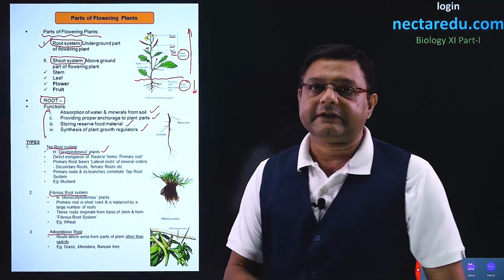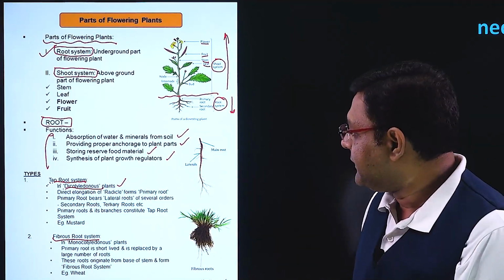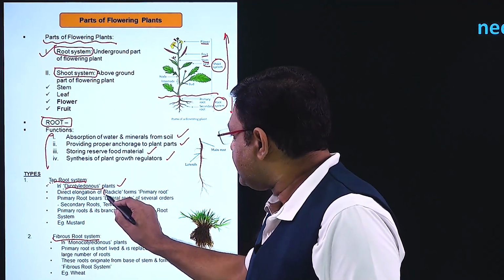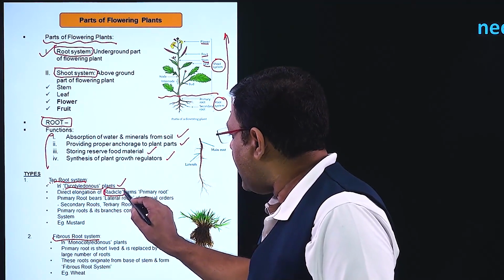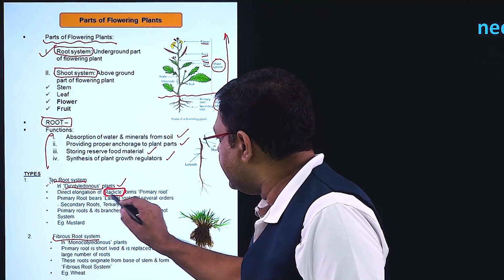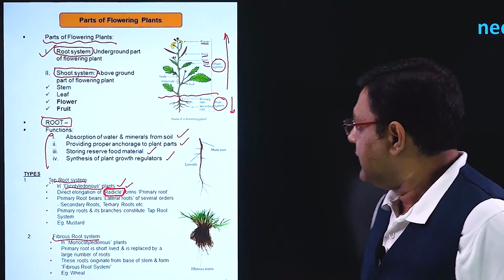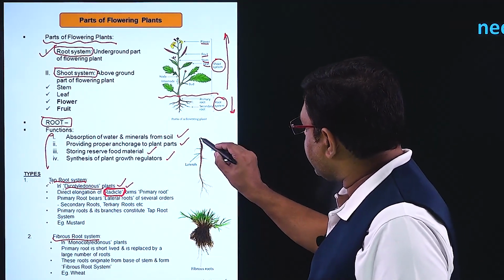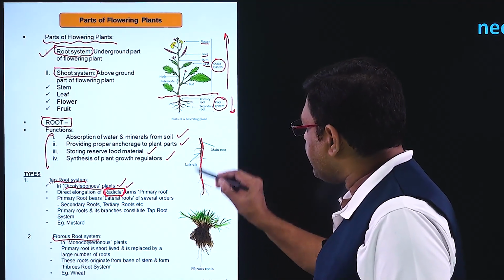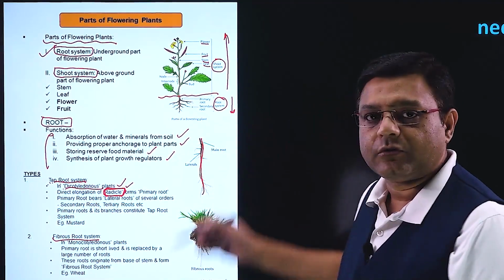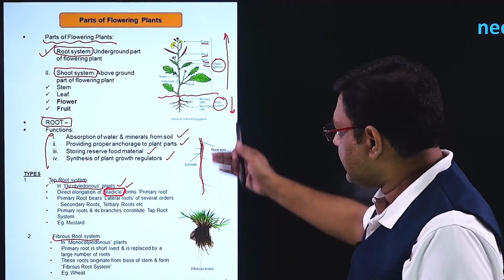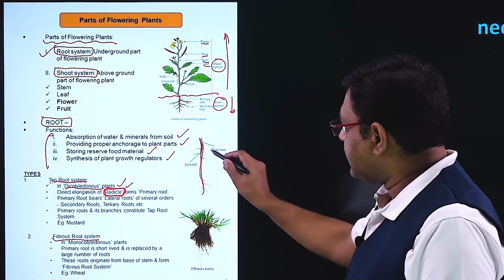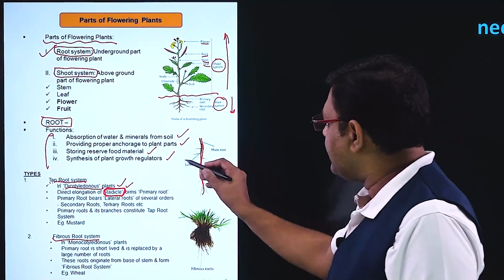Now, how will this tap root system be formed? The root initially forms from a part of the seed which is called the radicle. Now, what will happen? This radicle will give rise to the primary root. So, the first root that comes out of the radicle is called the primary root. Now, this primary root will give out branches.